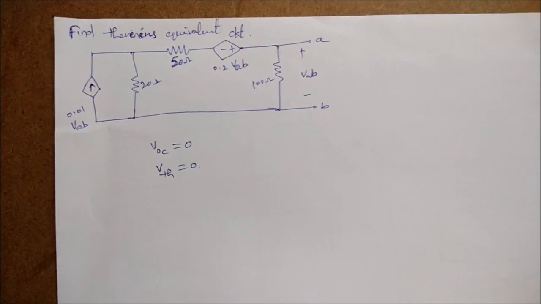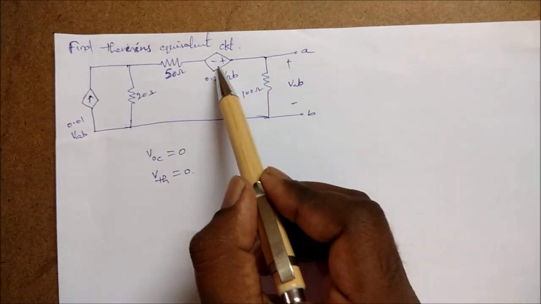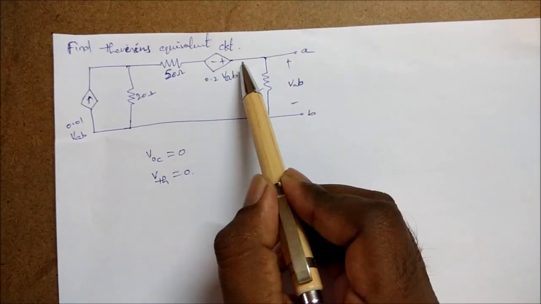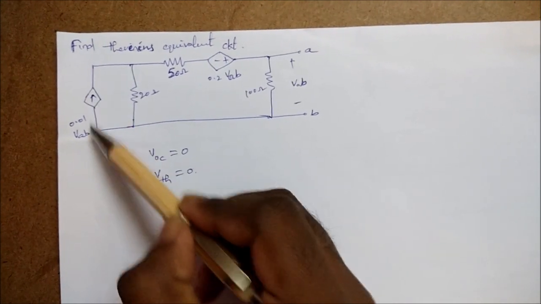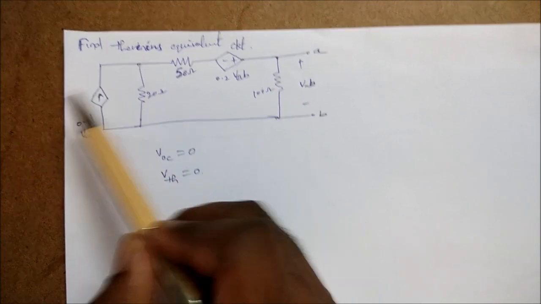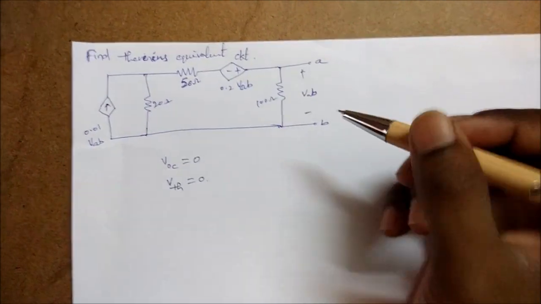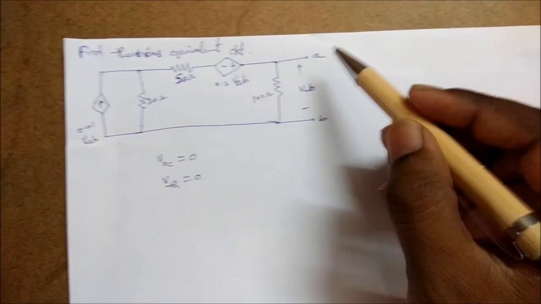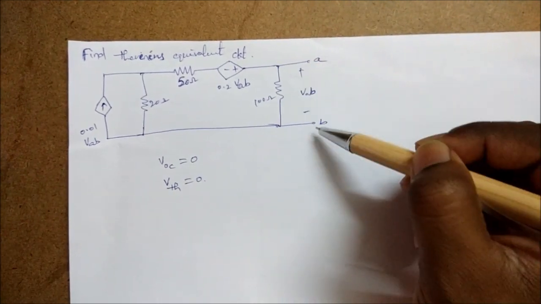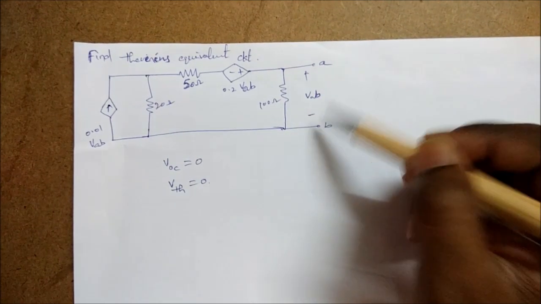To calculate the Thevenin's resistance, if these were independent sources, we could replace the voltage source by short circuit and current source by open circuit. But these are not independent sources, these are dependent sources, so we should not do that. Here we need to find the Thevenin's resistance between these two terminals.